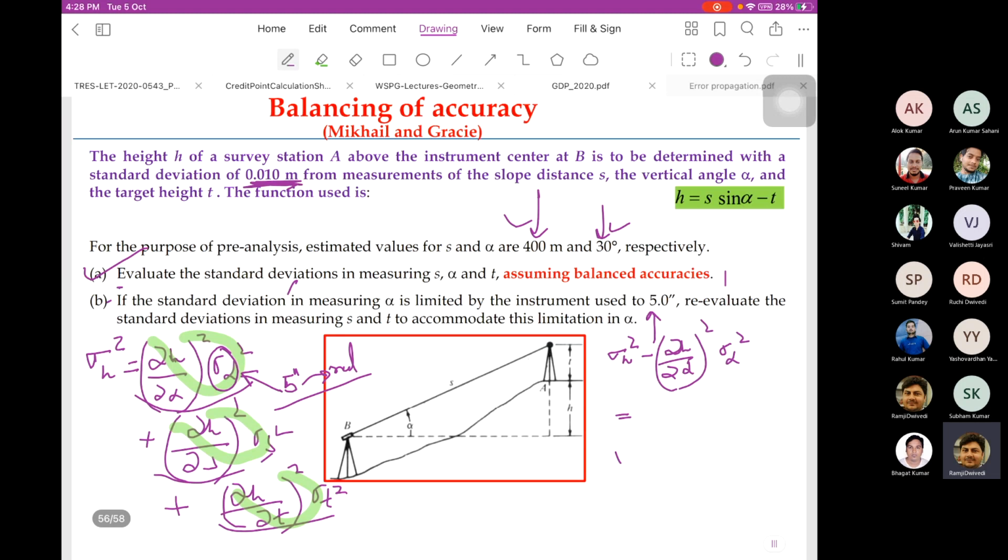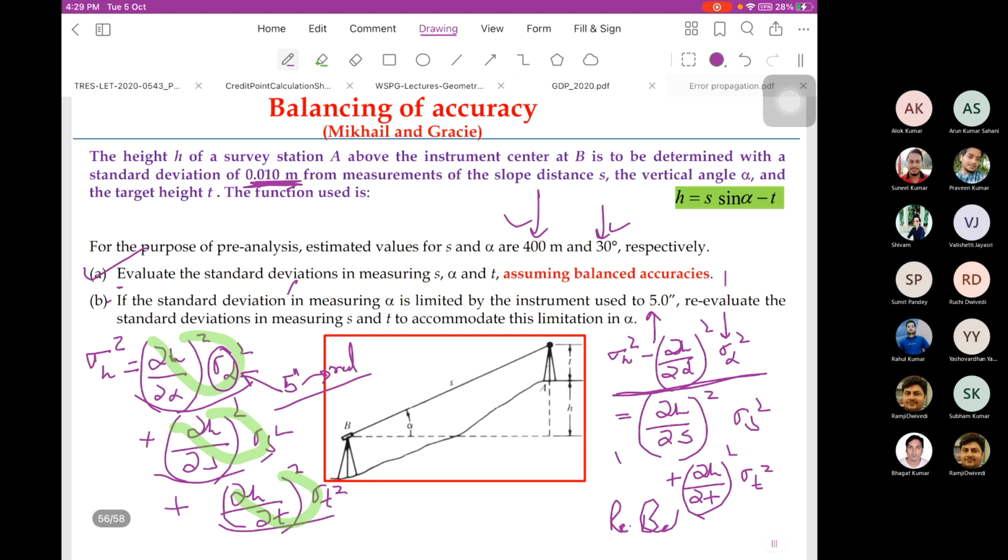Now you get this sigma h by sigma s plus, because you have this limiting option of sigma alpha. So now you remove this value from the right hand side, and you get a new compromised final error scenario. Now you can again reimpose the balanced case.